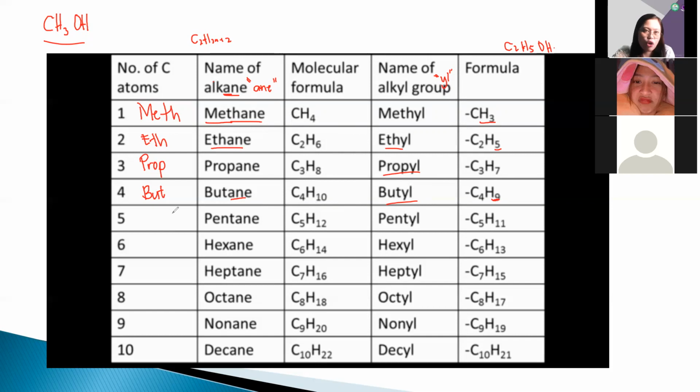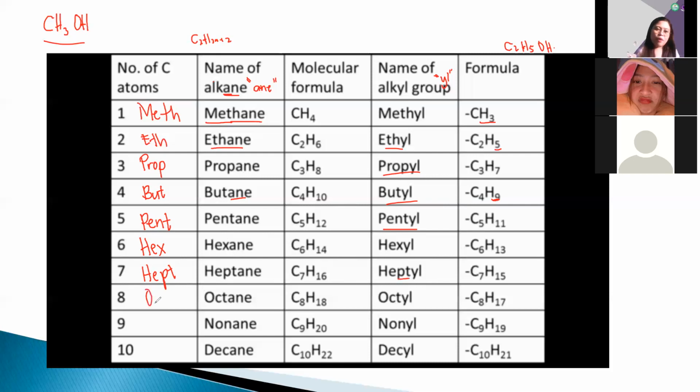And then by the way, for 5 carbons, our prefix is pent. And then ane is the ending, so pentane, minus 1, you change the ending to -yl, so pentyl. For 6 carbons, our prefix is hex, so we have hexane, minus 1, we call it hexyl. And then for 7 carbons, we have hept. Minus 1, instead of heptane, we call it heptyl.